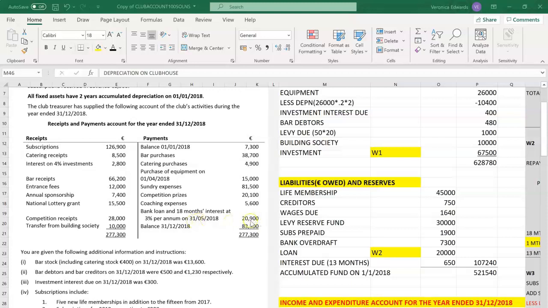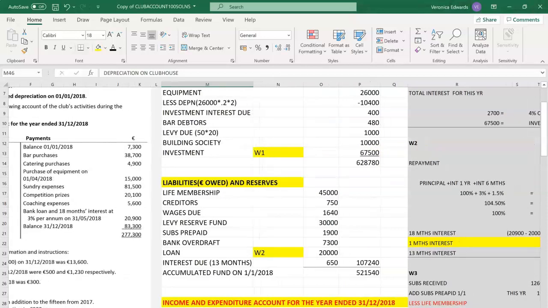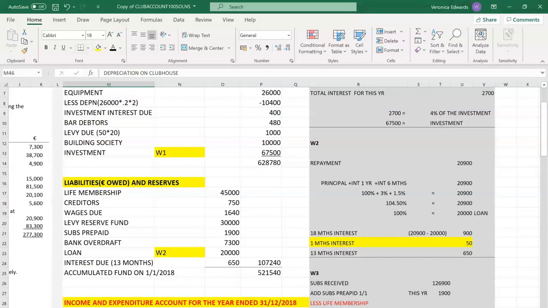So essentially, of that interest of 900, 5 months of it relates to 2018 and 13 months of it relates to 2017. So if 5 months of this €900 relates to 2018, we need to figure out how much that 5 months interest is. So we'll go back to the working we did earlier relating to the loan.